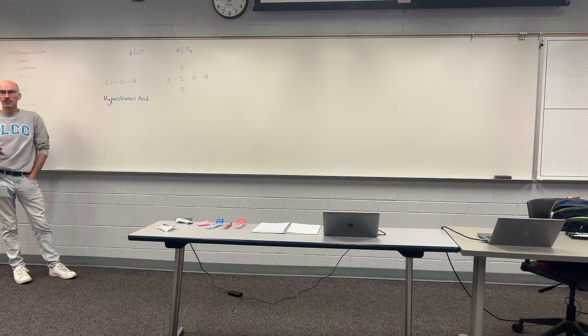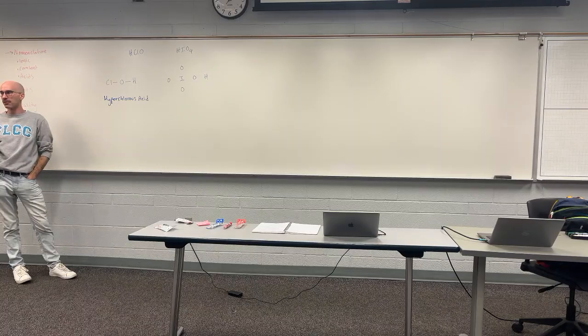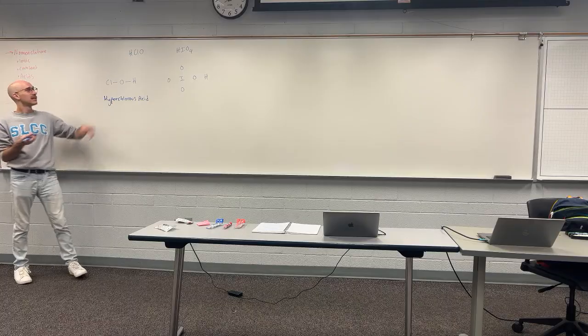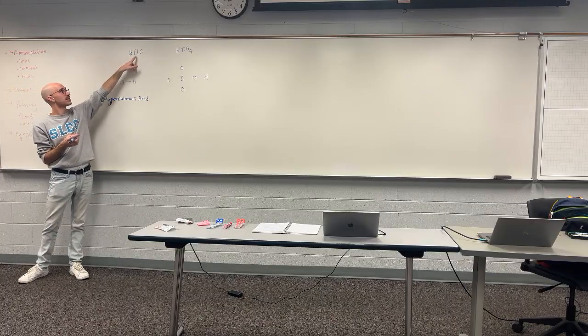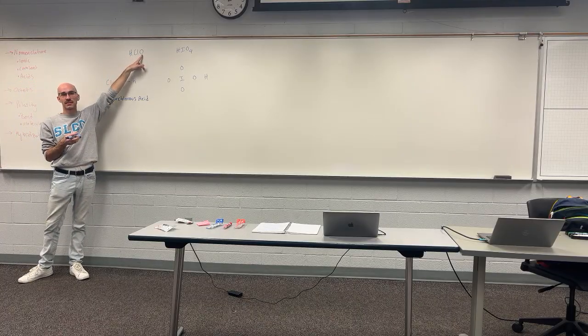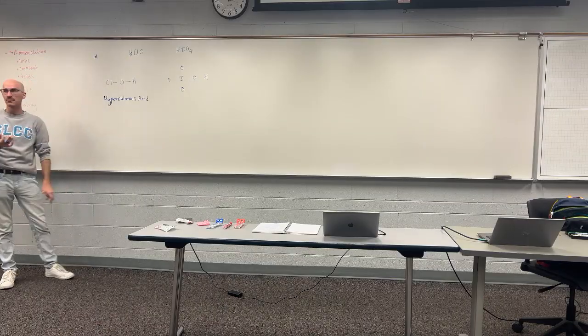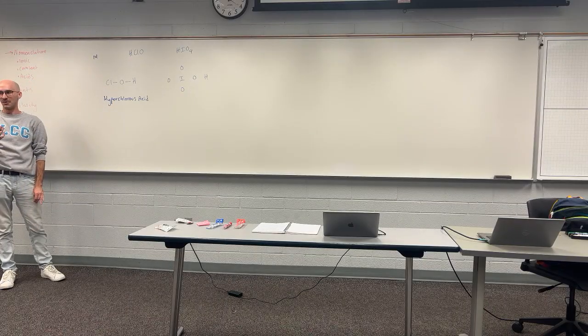But in building the Lewis structure, we said that we need to count the number of valence electrons, right? And that we had 1 from hydrogen, 7 from chlorine, and 6 from oxygen, and I did my math wrong last time. There's 14, but I said that we had 24.